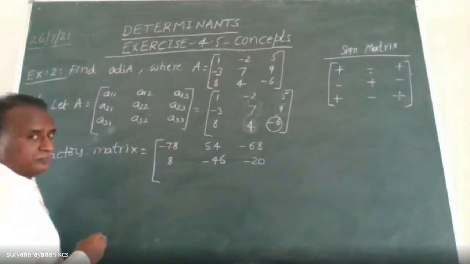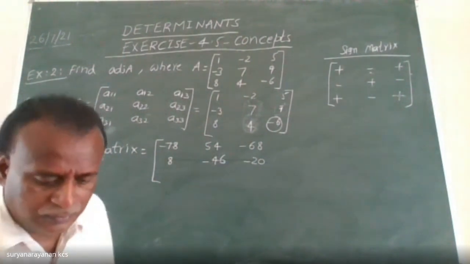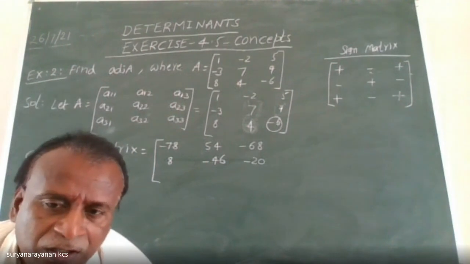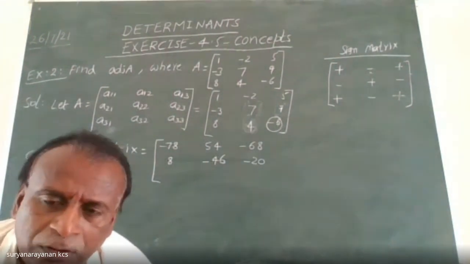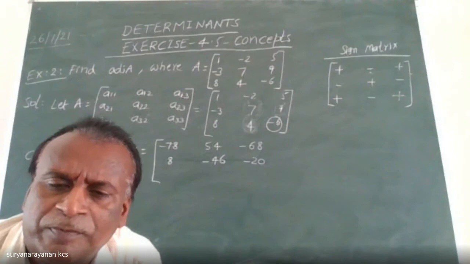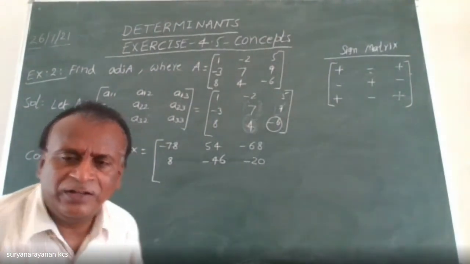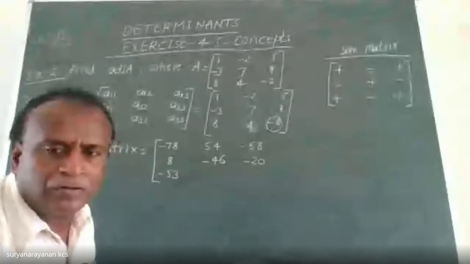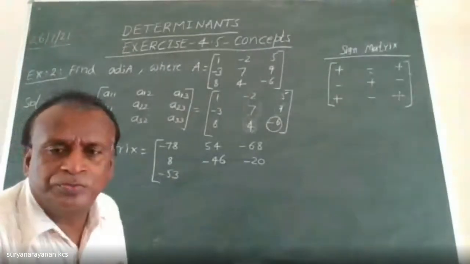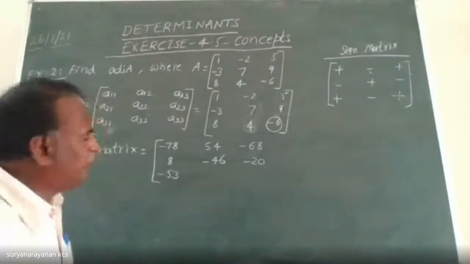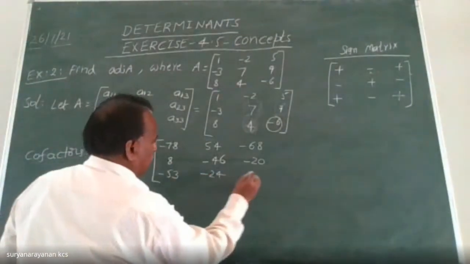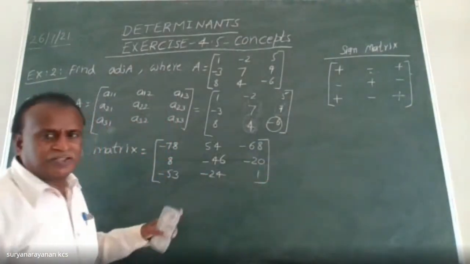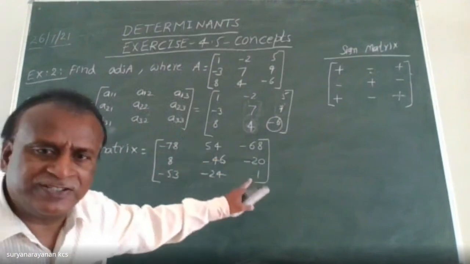Minus 53, minus 24, 1, sir. Okay, minus 53. What are the cofactors of the third row? Minus 24, 1. Okay, this is the cofactors matrix.